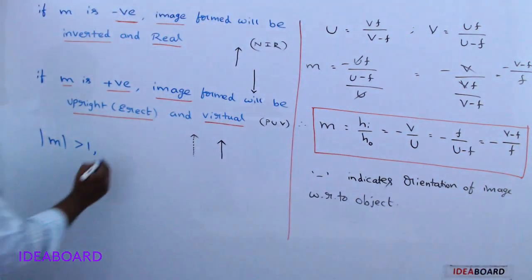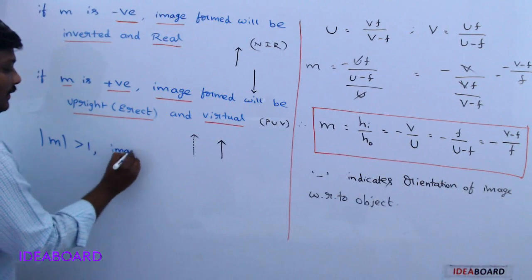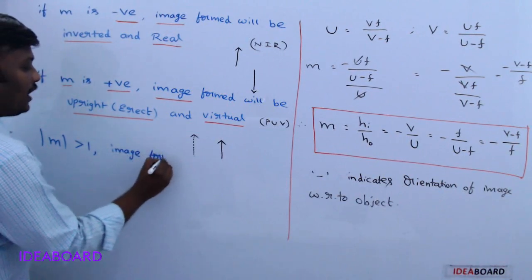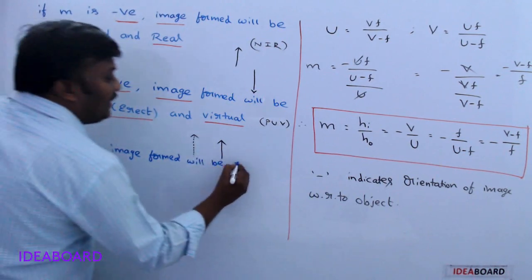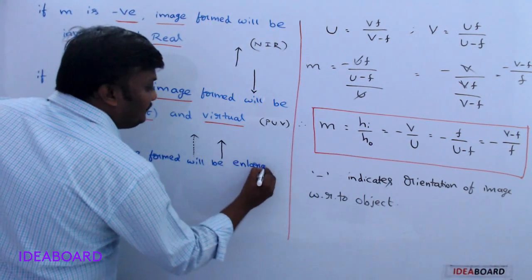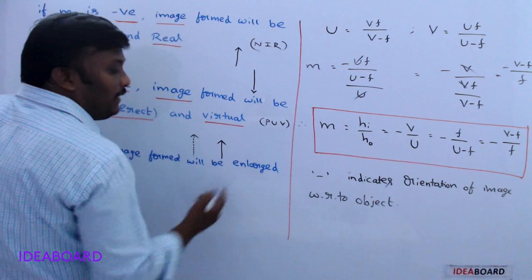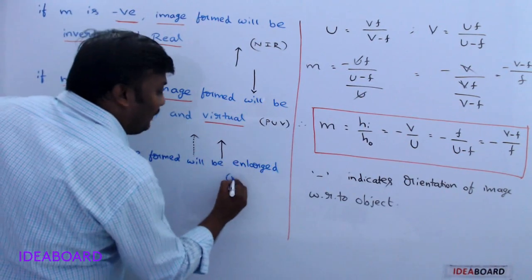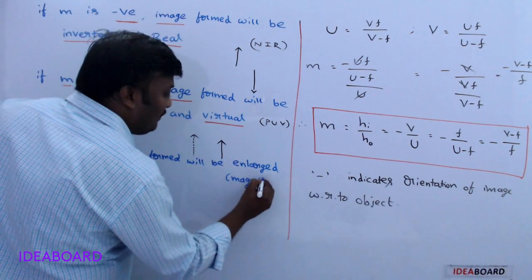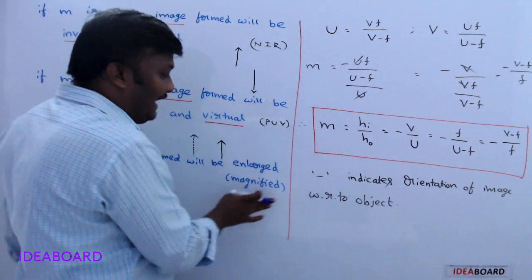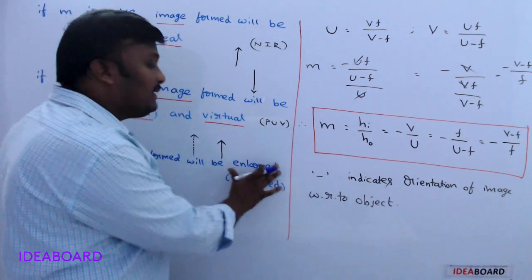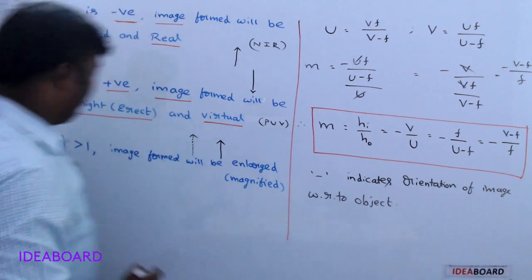So if M is greater than 1, the image formed will be enlarged. Generally we call it magnified. Magnification is different, but magnified means enlarged. Do you understand?